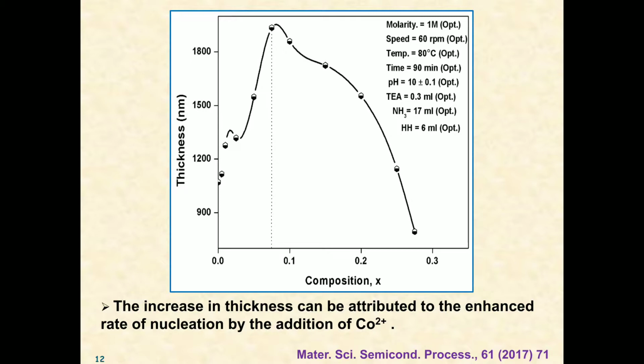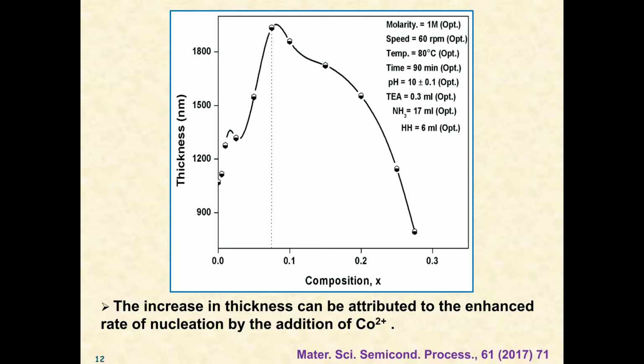So in case of thickness variation with compositions, we observe that the terminal layer thickness is found to be increased with increases in x up to 0.075 and then decreased for further higher values of x.